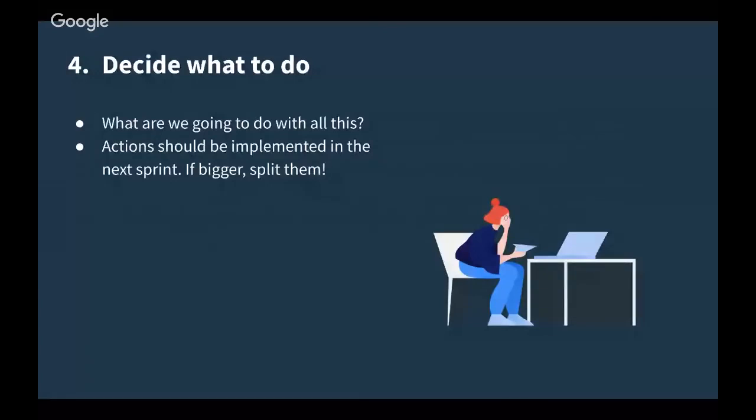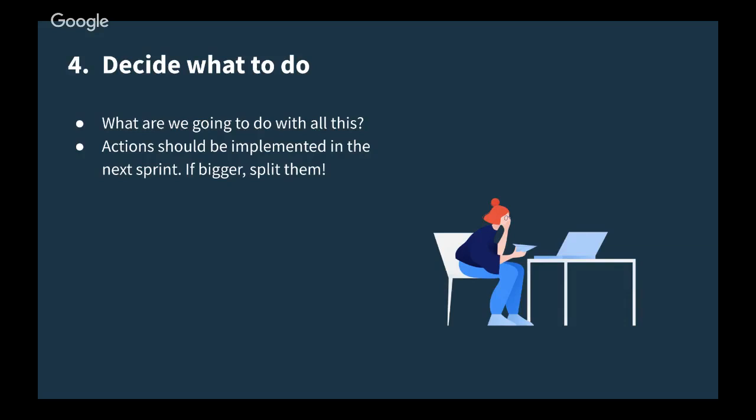So you have found your problems, you have found the root cause, or maybe some things you want to change. Now we have to decide what to do. And one important part of this is that the actions that we take should be implemented in the next sprint.